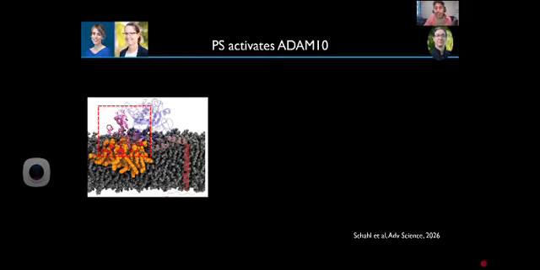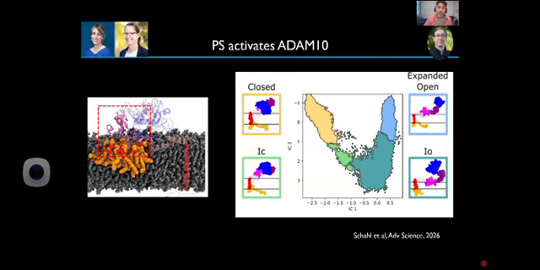In the next slide, we could show that as we have more and more PS in the membrane, we go from one state, which is a closed state, to an open state where it is probably the catalytically active state where it can start chewing the proteins and then shedding part of the proteome from the surface. Well, now we have a molecular understanding of how this happens. Next slide, please.